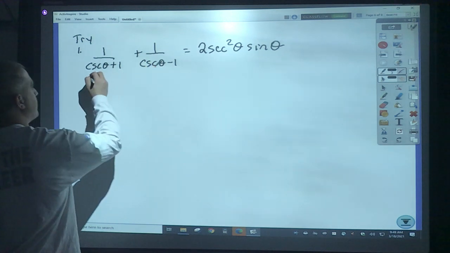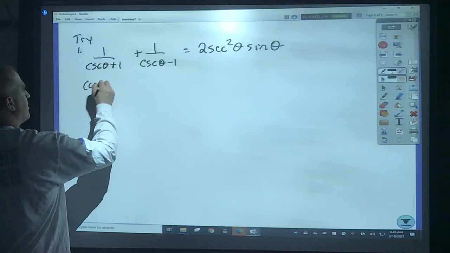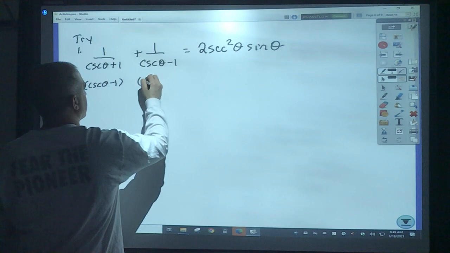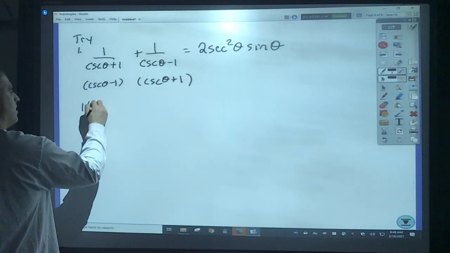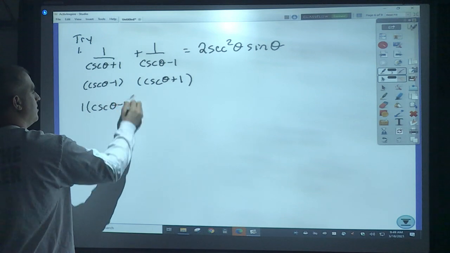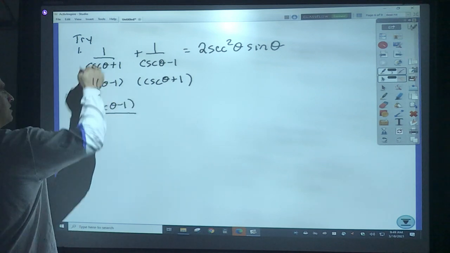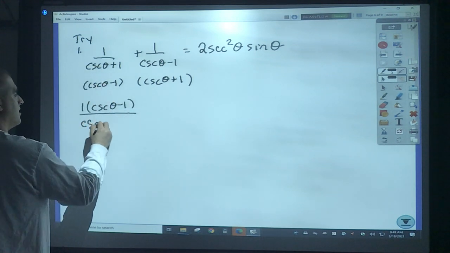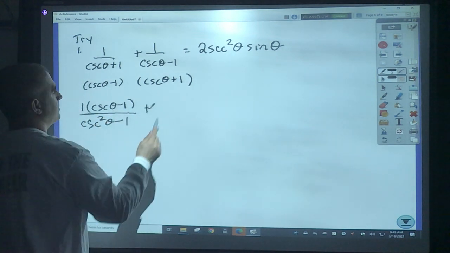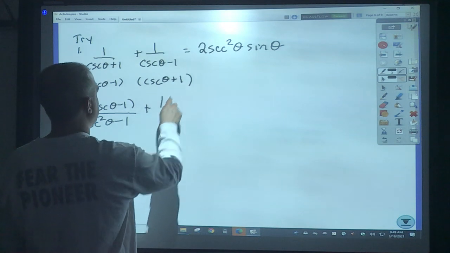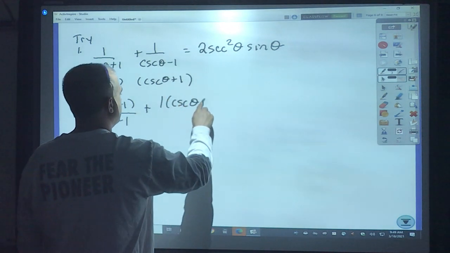So what I would do is multiply by cosecant of theta minus 1. This one's going to get cosecant of theta plus 1. So basically what's going to happen is I'm going to get 1 times cosecant of theta minus 1 over this bottom part, which will be cosecant squared theta minus 1, plus I would take 1 and times it by cosecant of theta plus 1.